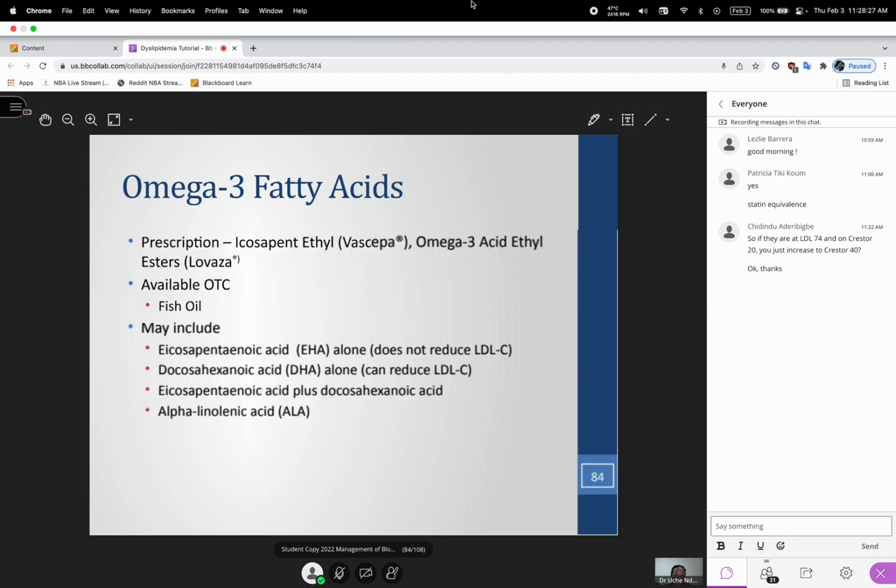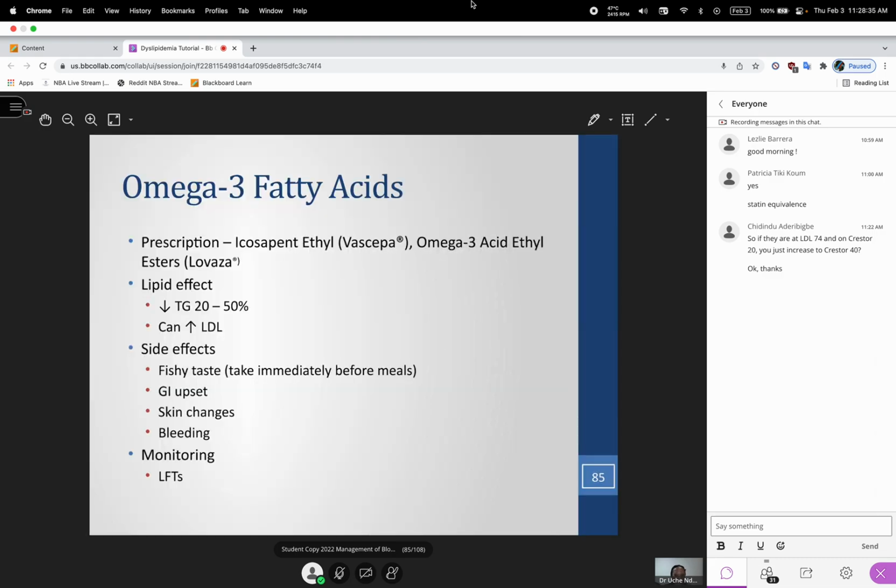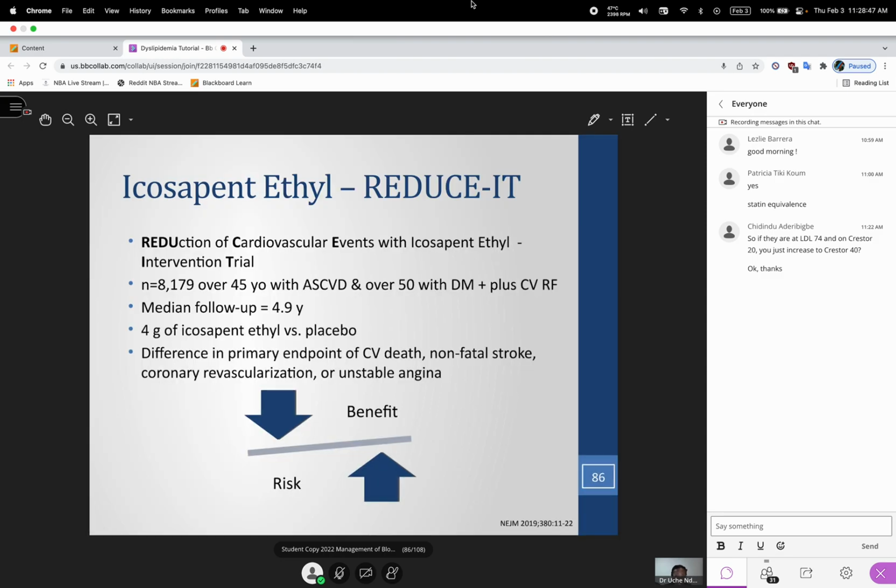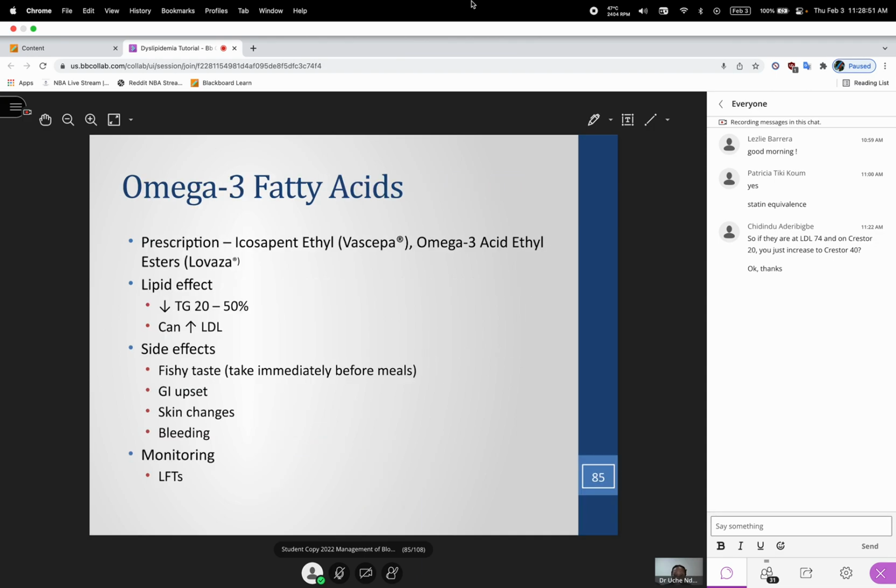And this is just the study that told us that niacin doesn't save lives. Omega-3 fatty acids are a very confusing picture, okay? Lovaza used to be the drug of choice until 2021 when they actually came up with treatment of hypertriglyceridemia and said omega-3s don't save lives with the exception of Vascepa, right?